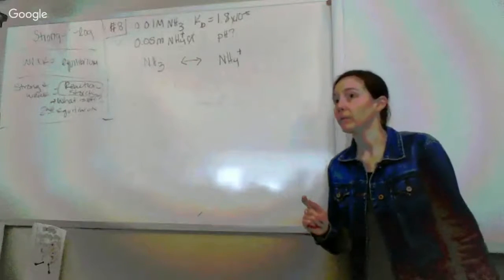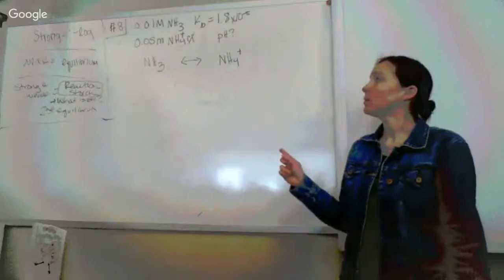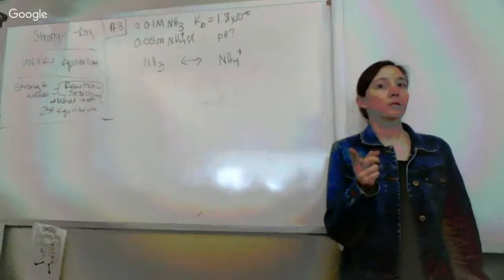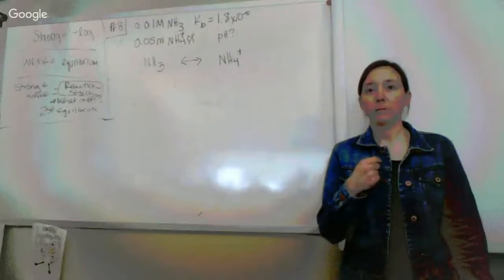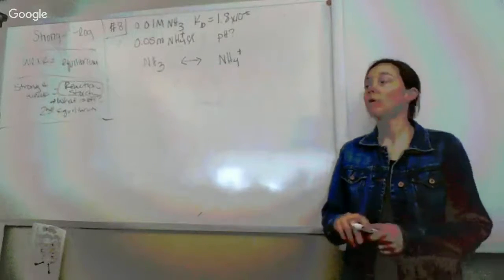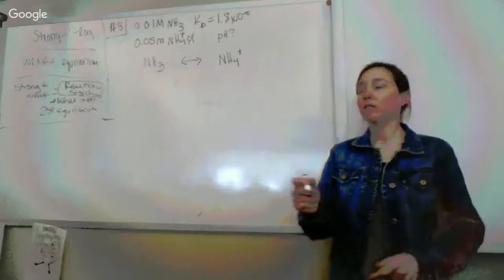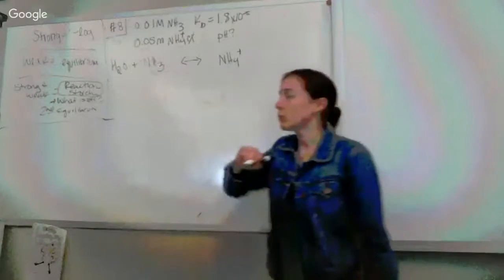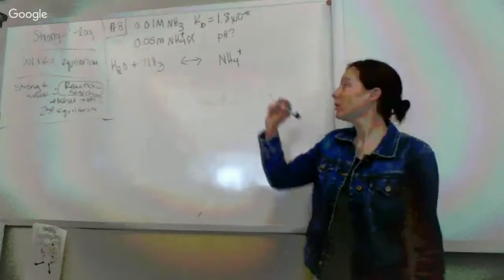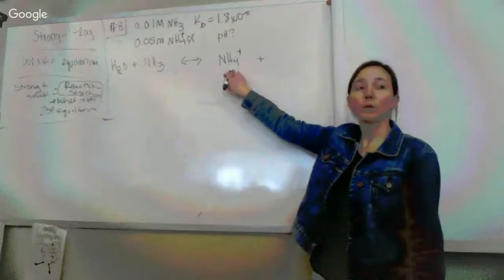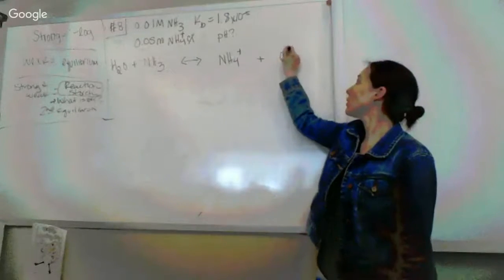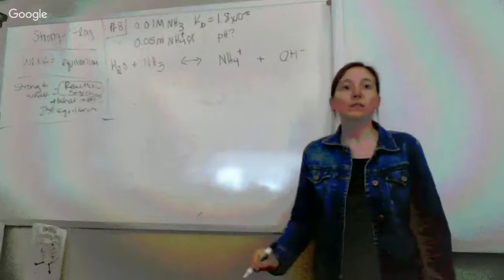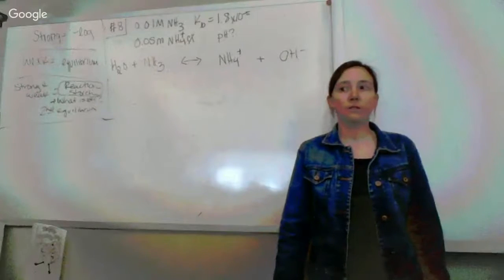Okay. But that's not why. Okay, true, but still not necessarily why. I did put it in water though. I like that. So I'm going to put it in water and it can gain a hydrogen, which then means I'm going to make NH4 plus and what? OH minus. Still not why I put NH3 on the left.